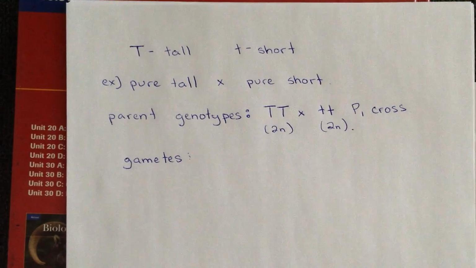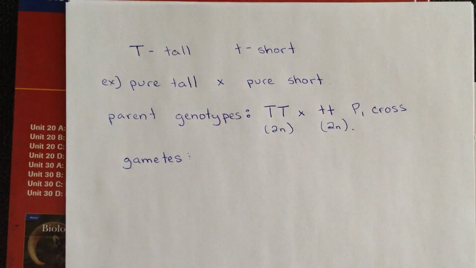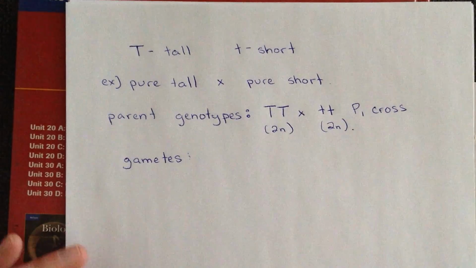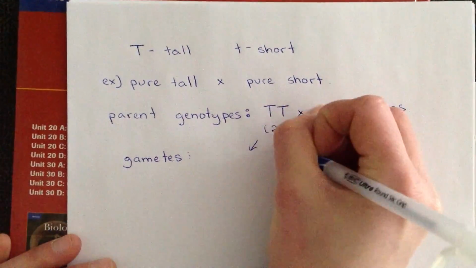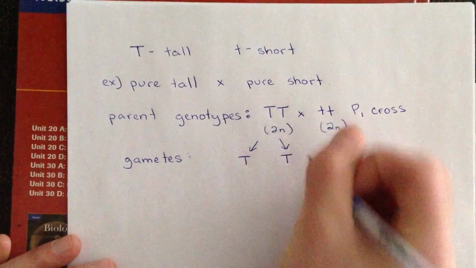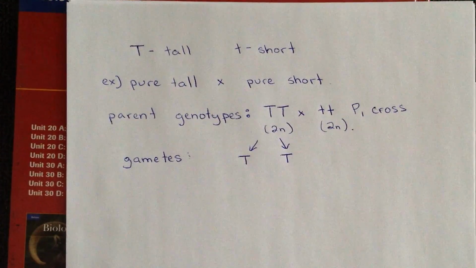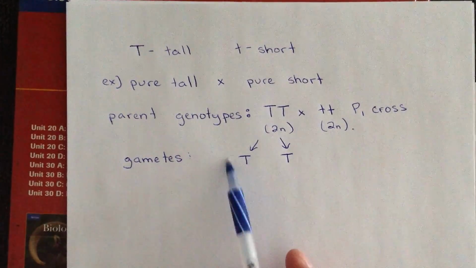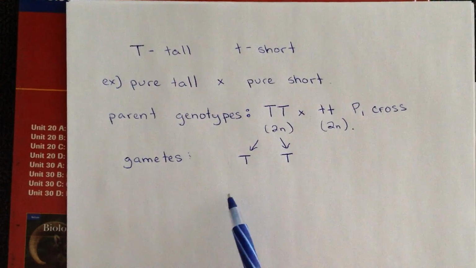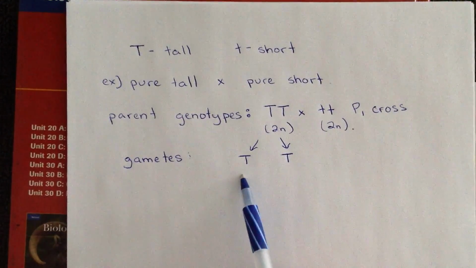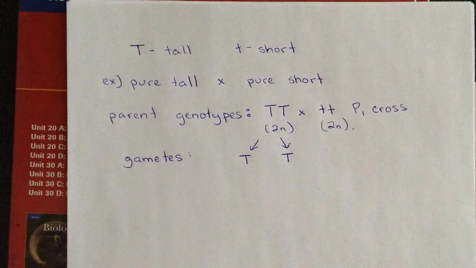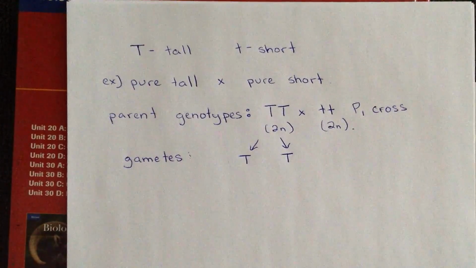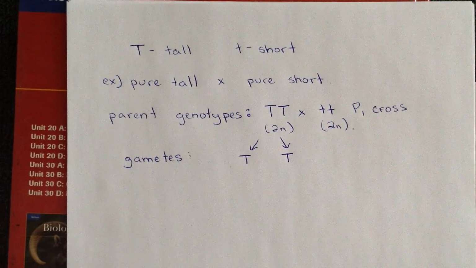In the tall plant, whether it's male or female, plants are both, the gametes that are going to get produced are just big T and big T. If you take that diploid organism and halve that amount of DNA, the alleles are going to split up into one set each, and that's what makes it haploid. Because the tall plant is pure, all its gametes will be just big T's, in each of its egg cells or sperm cells.